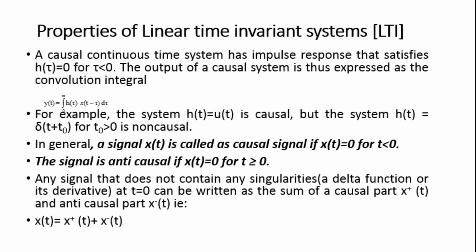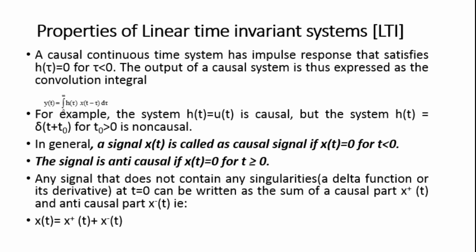The output of a causal system is thus expressed as the convolution integral y(t) = ∫ from 0 to ∞ of h(τ) x(t − τ) dτ. For example, the system h(t) = u(t) is causal, but the system h(t) = δ(t + t0) for t0 greater than 0 is non-causal.